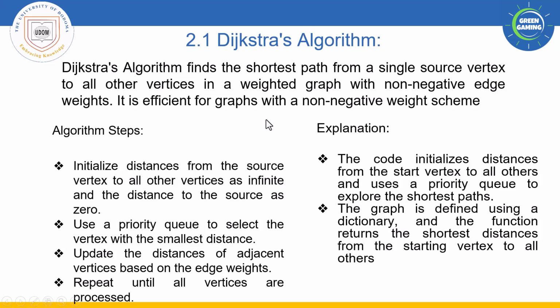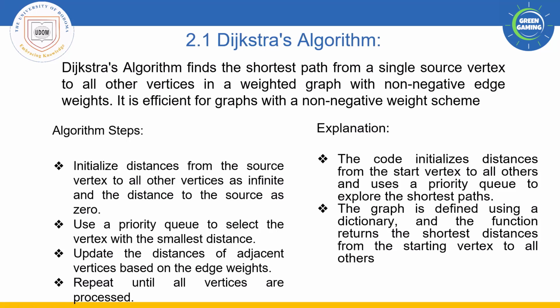Non-negative edge weights. If you have a graph with negative edge weights, then Dijkstra algorithm is not the one to be used, right? So you can use Bellman-Ford algorithm for such a scenario.